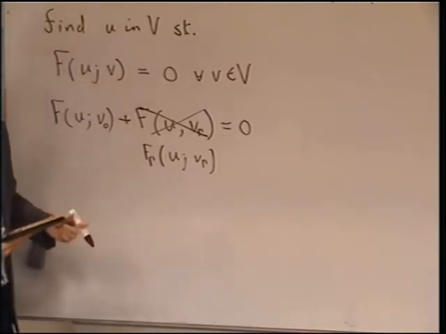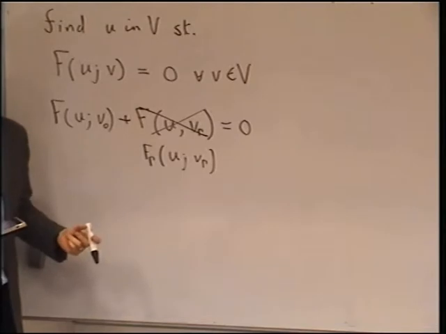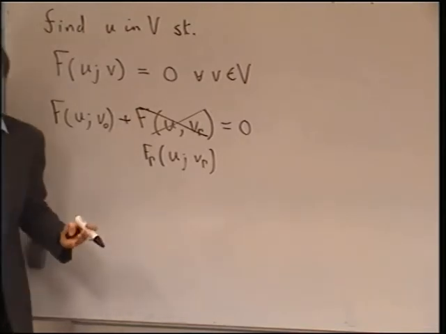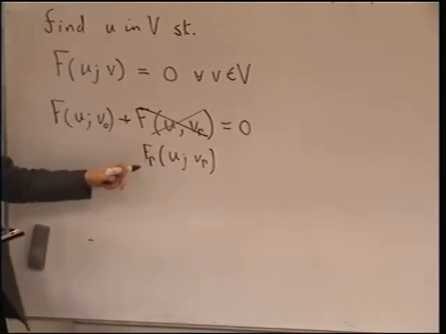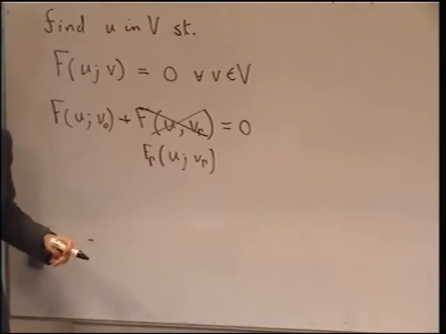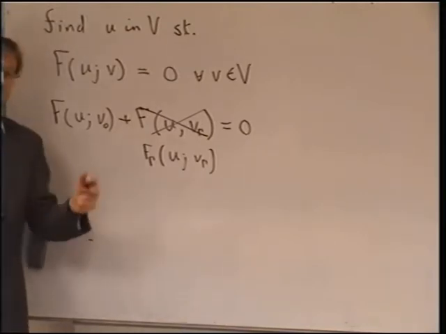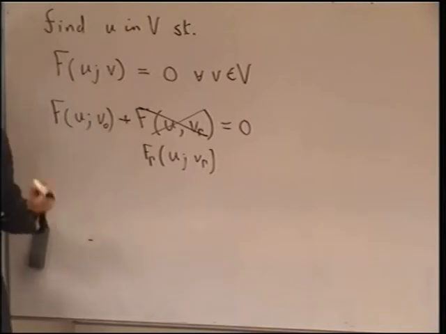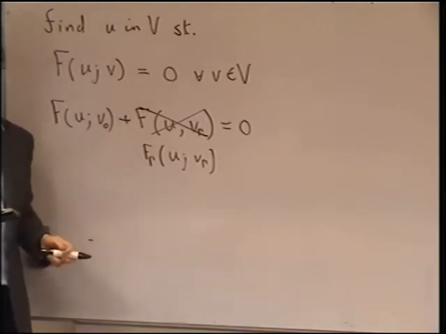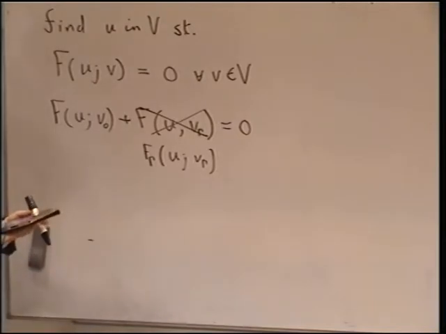So those are my constraints. I need it to be 0 in the cases where I've got a solution. So that means I want it to be 0 if u satisfies the boundary conditions. And I would like it to be non-zero for at least some test functions in the case where u doesn't satisfy the boundary conditions.